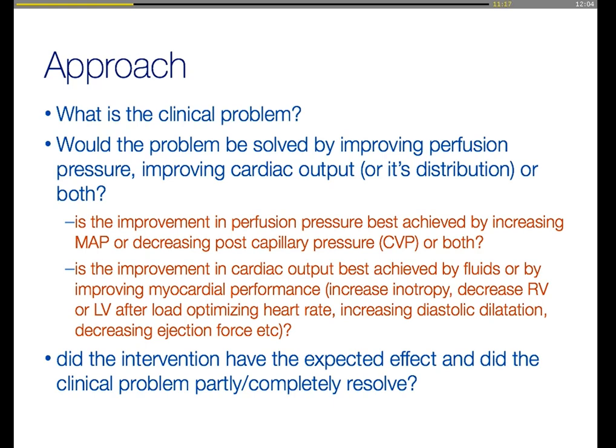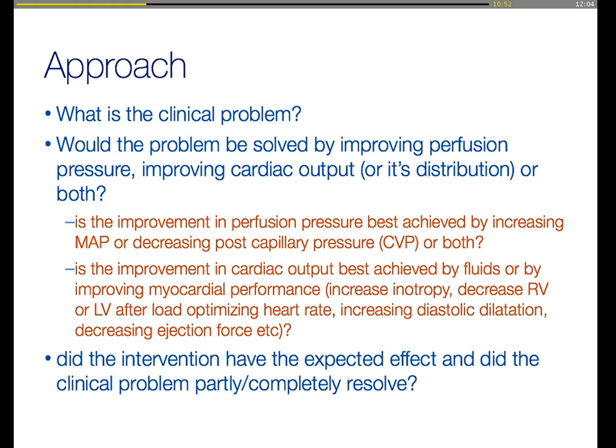And then the next question is, okay, if this perfusion pressure is needed, or this increase in cardiac output, what's the best way to do it? Is it best to decrease post-capillary pressure, for instance in cardiogenic shock? Is it best to just increase mean arterial pressure with a vasopressor? And if I need more cardiac output, is it best to give fluids?